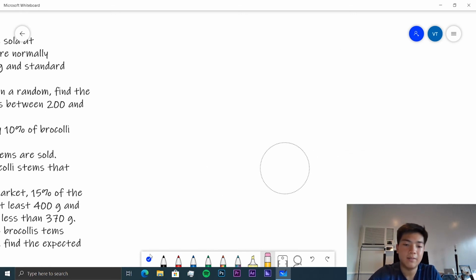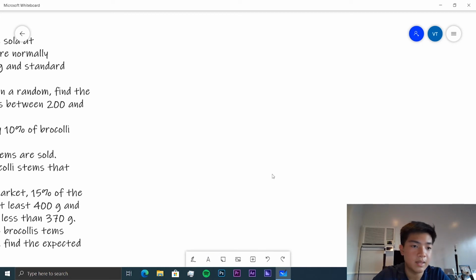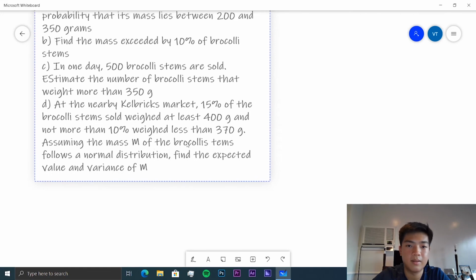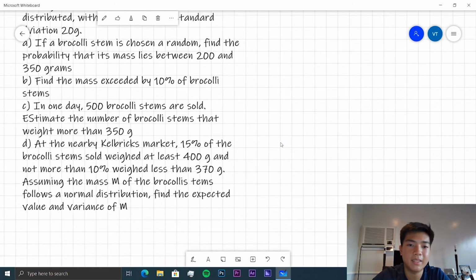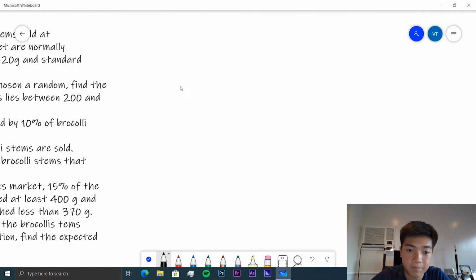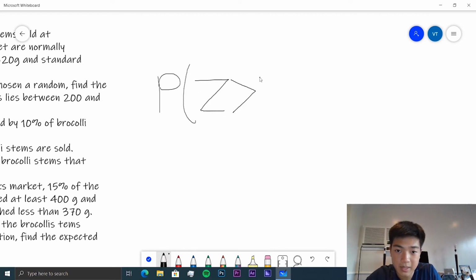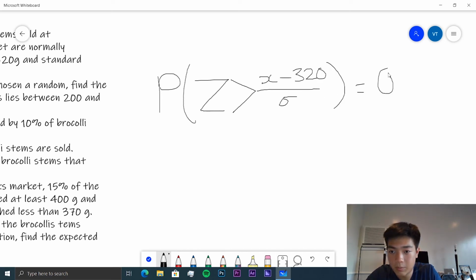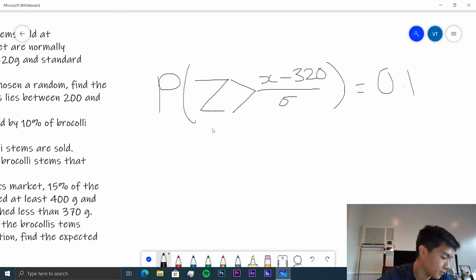Next, we have, find the mass exceeded by 10% of broccoli stems. So we have x, the probability of Z being greater than x minus 320 over the standard deviation is equal to 0.1, because that's 10%.